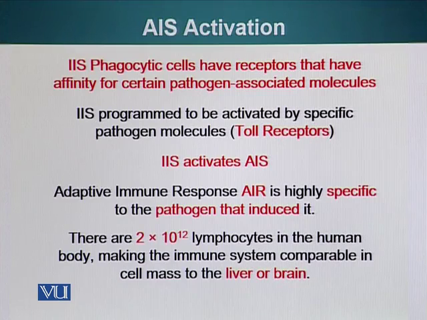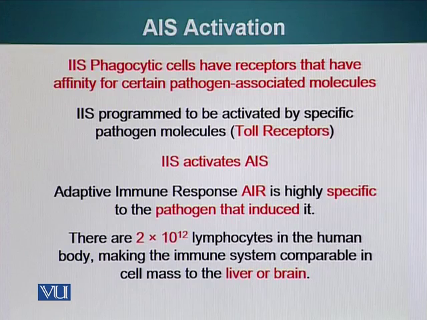These phagocytic cells of the innate immune system have these toll receptors, and they get activated when a pathogen binds them. Innate immune cells, which also include, for example, the dendritic cells, are also part of the innate immune system. When they are activated, they can activate the adaptive immune system.